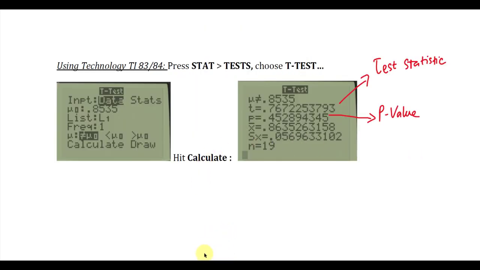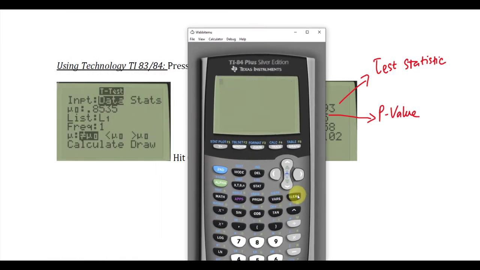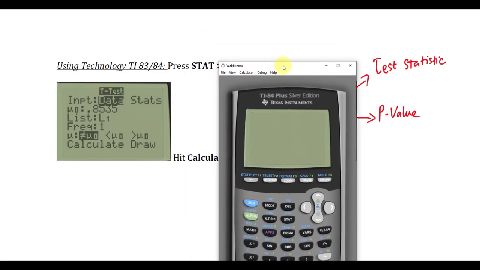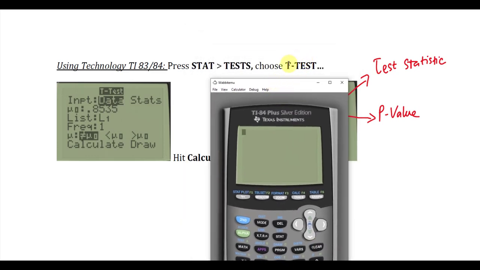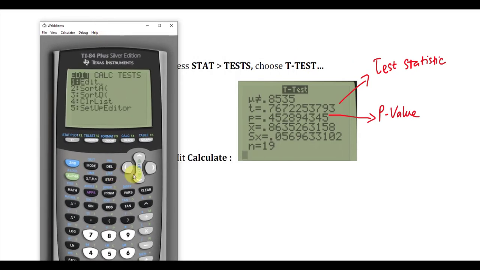The last topic is how do we use the TI-84 to find the p-value. It's just like the proportion test. Now, because we are doing the t distribution, you want to choose the t-test. So first thing, you're going to go to start, go to the test.